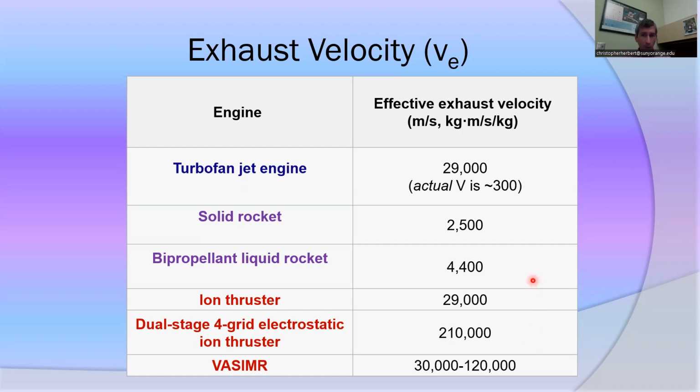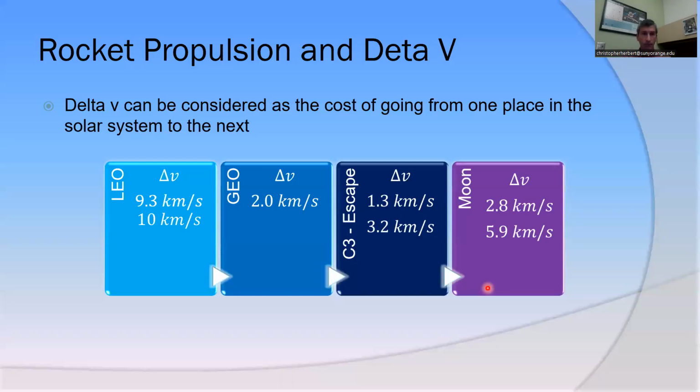But at this point, we can only use chemical rockets to effectively get us out of the atmosphere. Ion engines do not work in the atmosphere. Basically, as we shoot ions into the air, they're quickly neutralized, and effectively the engine doesn't produce thrust to any meaningful extent.